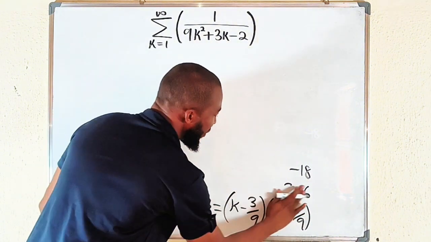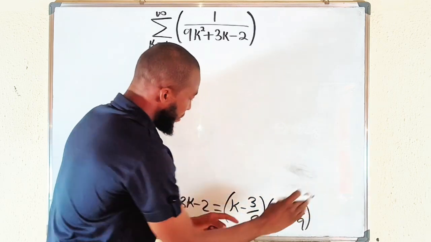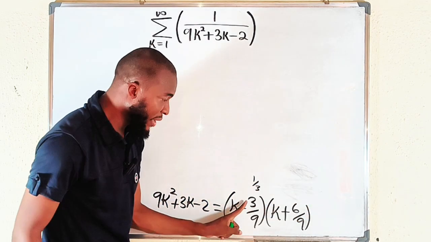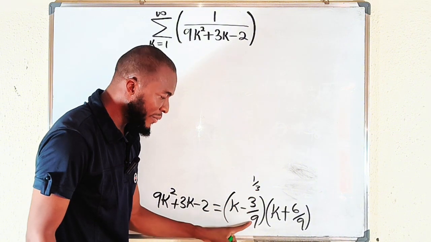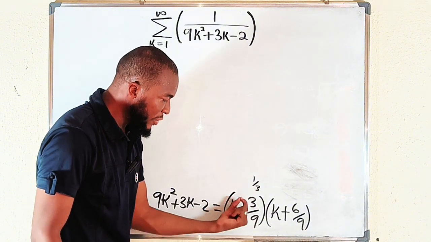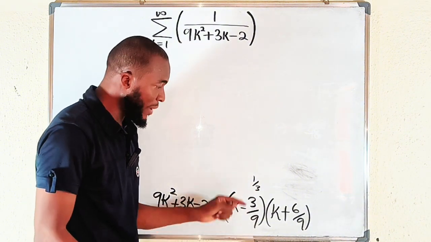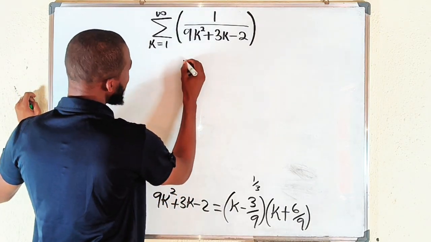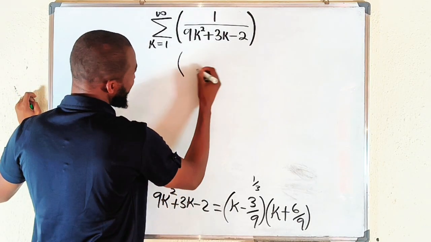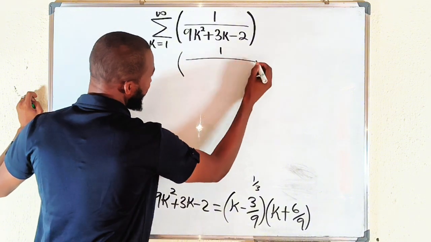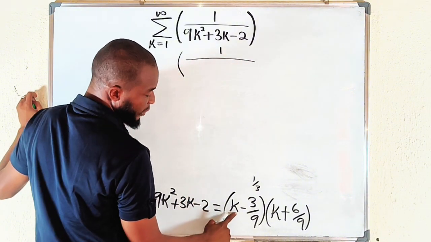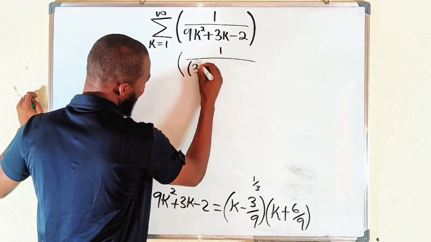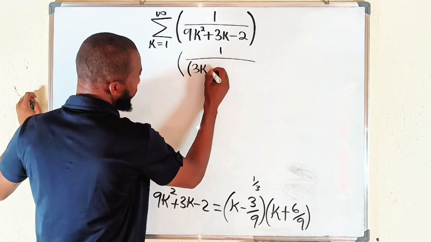So we can simplify this a little bit, because this can be written in its simplest form as 1 over 3. Because 3 can divide 3 once, and 3 can divide 9 exactly 3 times. Then you multiply this and this by 3, right? So you can see that the whole of this is the same thing as 1 divided by, if you multiply this by 3, it becomes 3k minus 1.